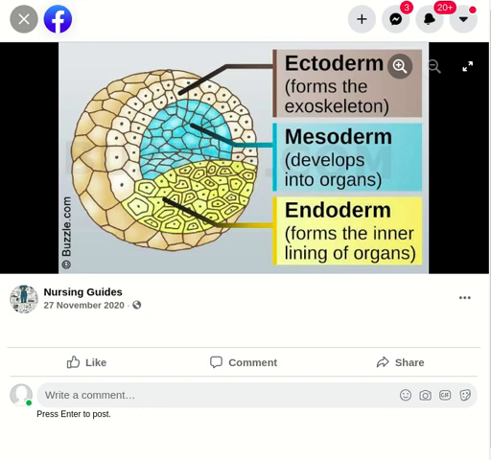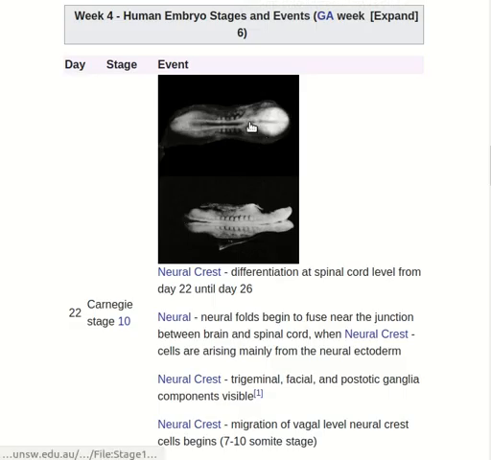What happens to the neural tube in week 4? It's closing. What develops from the neural tube? The baby's brain and the spinal cord. What else begins to form? The heart and the other organs, and also what begins to beat? The heart.